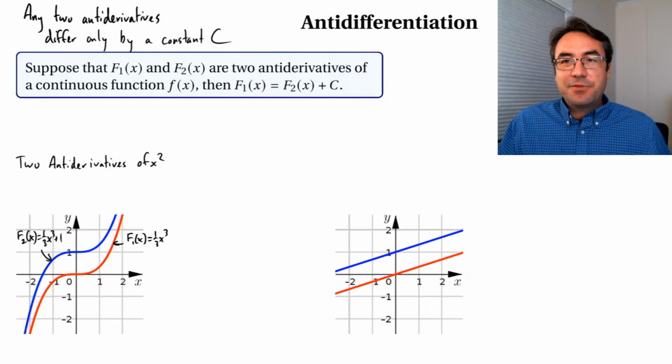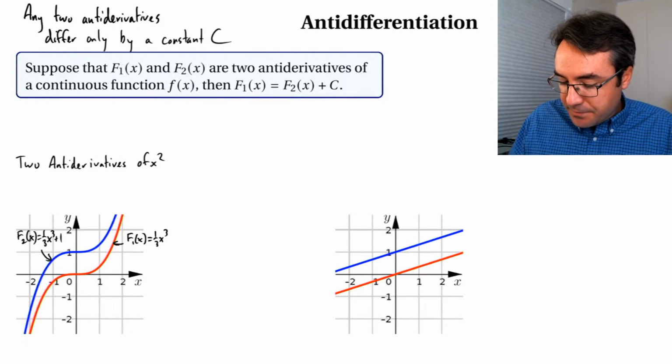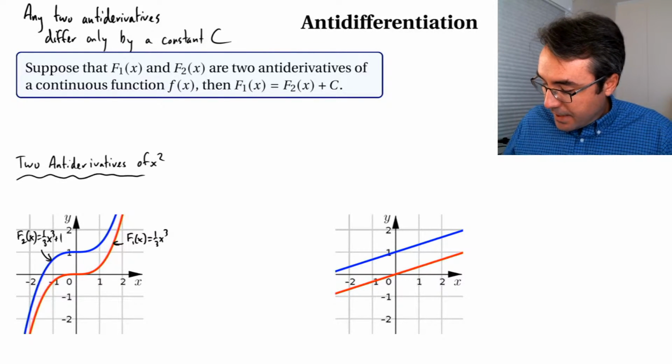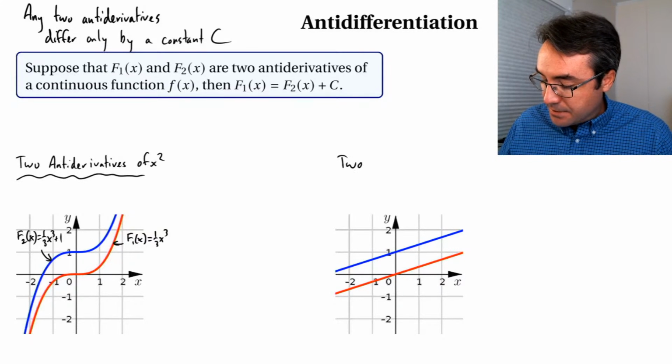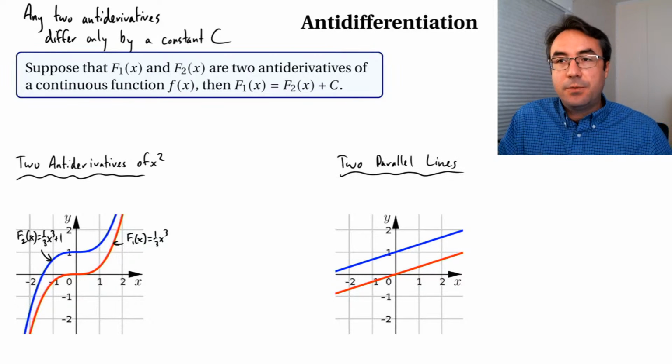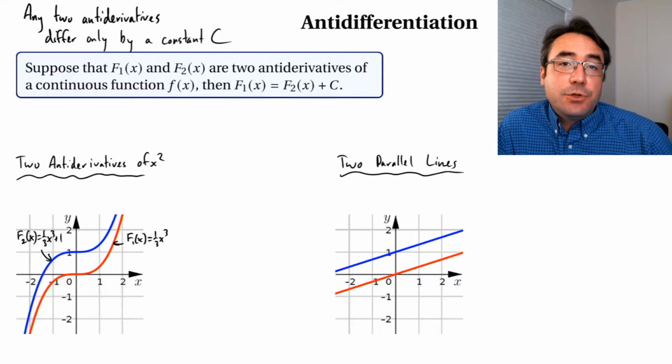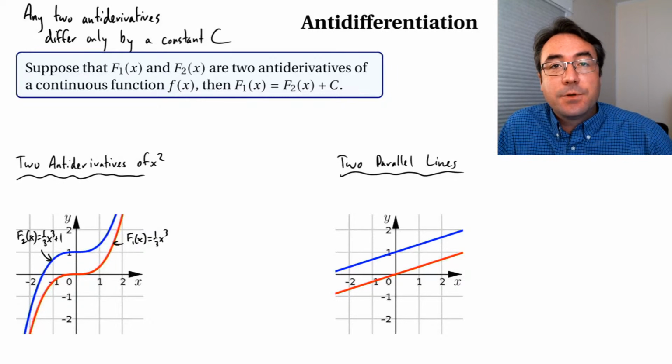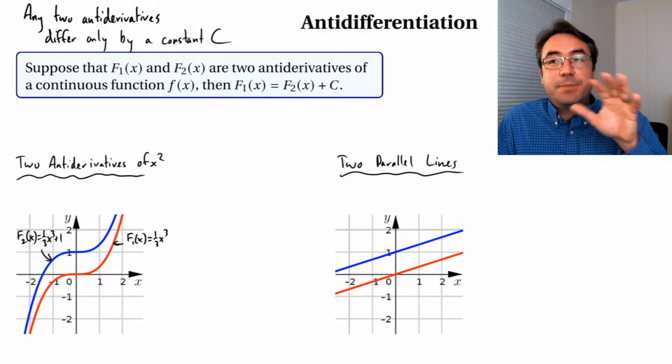We're going to consider those two antiderivatives in the context of two parallel lines. So, unrelated, but in the graph to the right, we have two parallel lines, and there are going to be some similarities between these two.